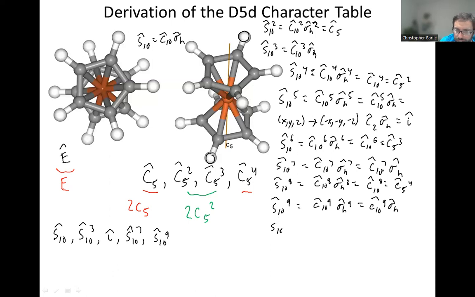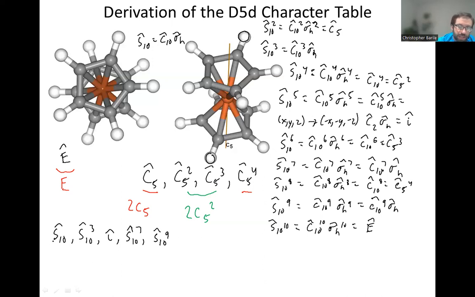If we do an S10 ten times, well, now you're going to get a C10 ten times, which is equal to identity. We also have the sigma H ten times, an even number of flips, also equal to identity. So the whole thing is equal to identity. We have identity, so that's not unique. So we're done. We've looped around. If we do an S10 eleven times, we're going to be back to just identity times S10.